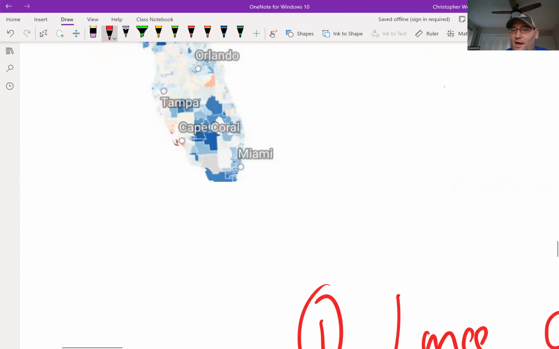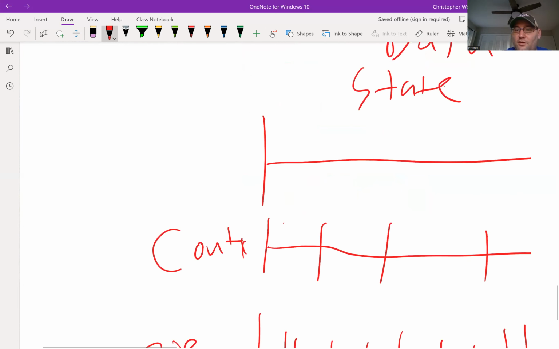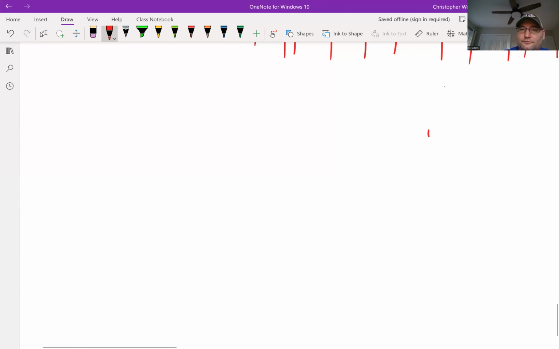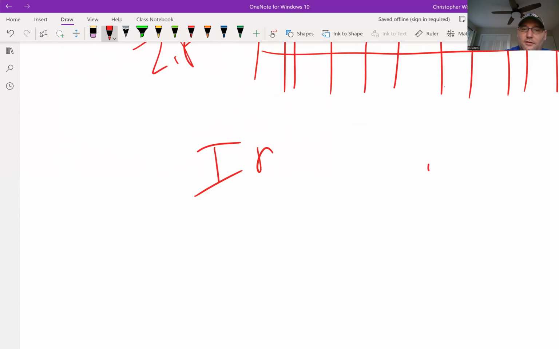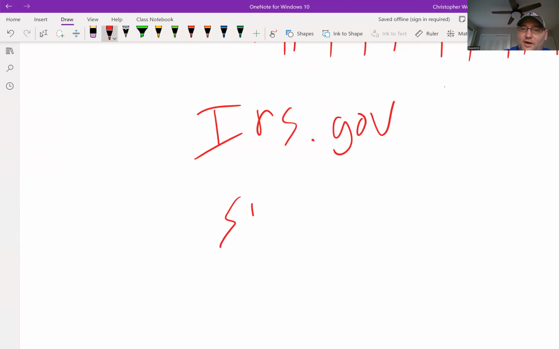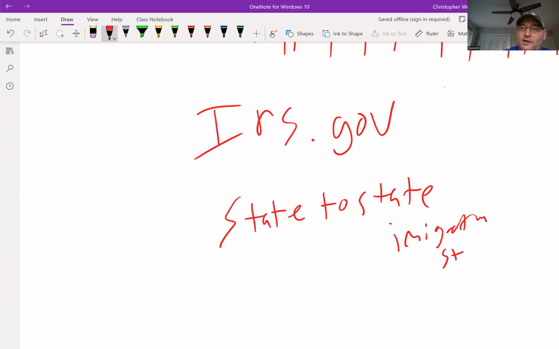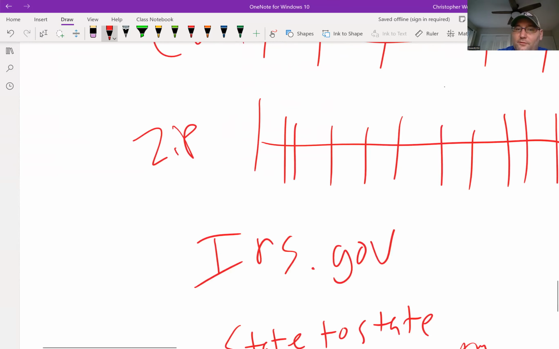You can get it from irs.gov. IRS.gov has state to state migration stats. Sorry, there we go. So you can find that information out and review it.